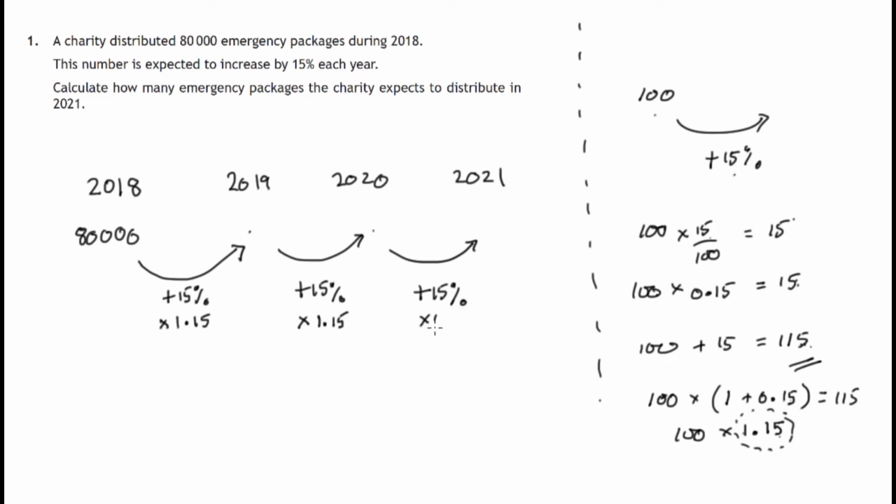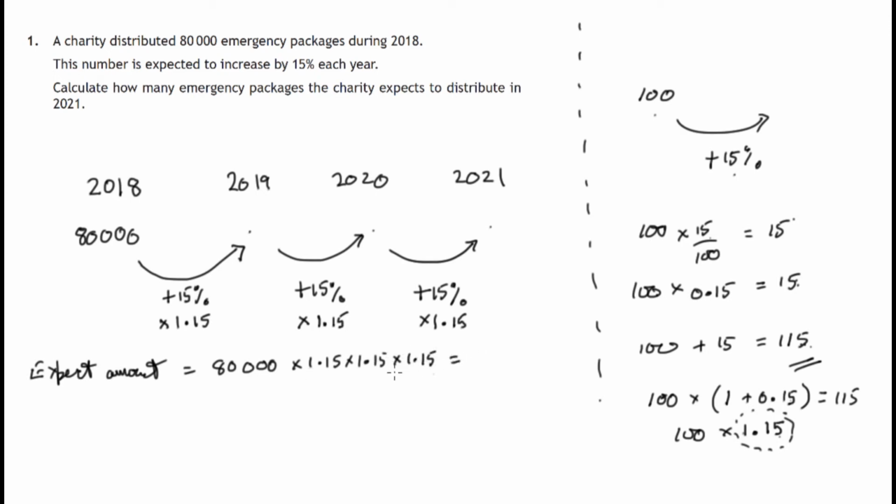And again, a third time we multiply by this factor 1.15 to get the final result. So the expected amount will be the calculation 80,000 times 1.15 times 1.15 times 1.15.